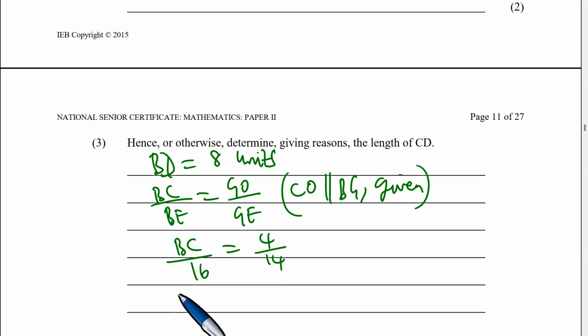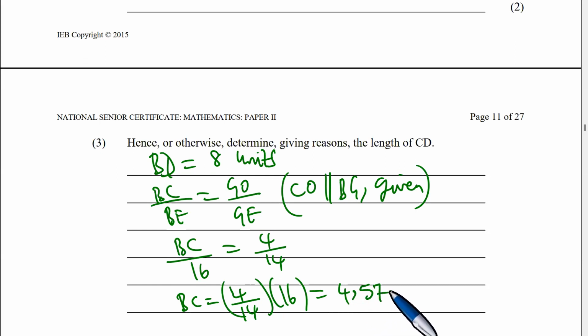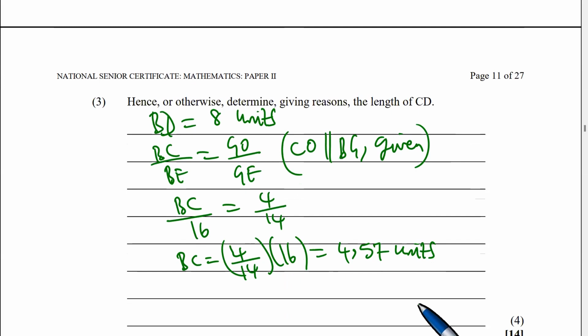So which means you have BC, which is 4 over 14 times 16, which is 4,57 units.